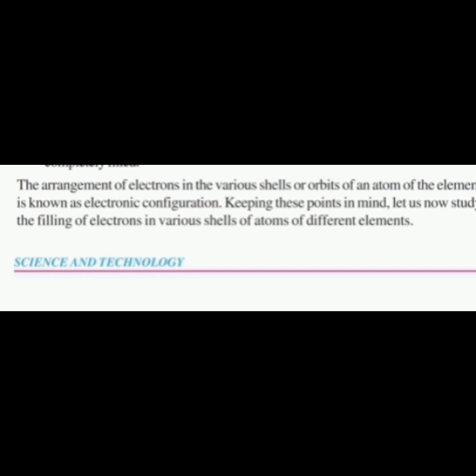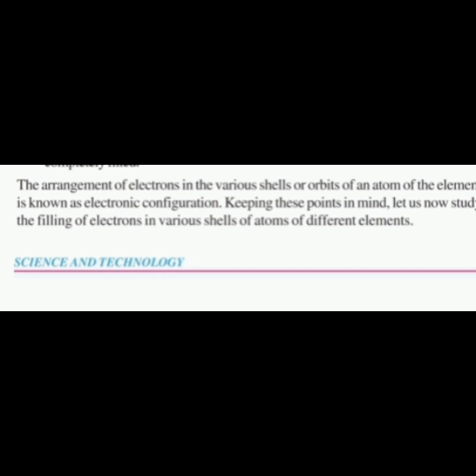The arrangement of electrons in various shells or orbits of an atom of the element is known as electronic configuration. Keeping these points in mind, let us now study the filling of electrons in various shells of atoms of different elements.